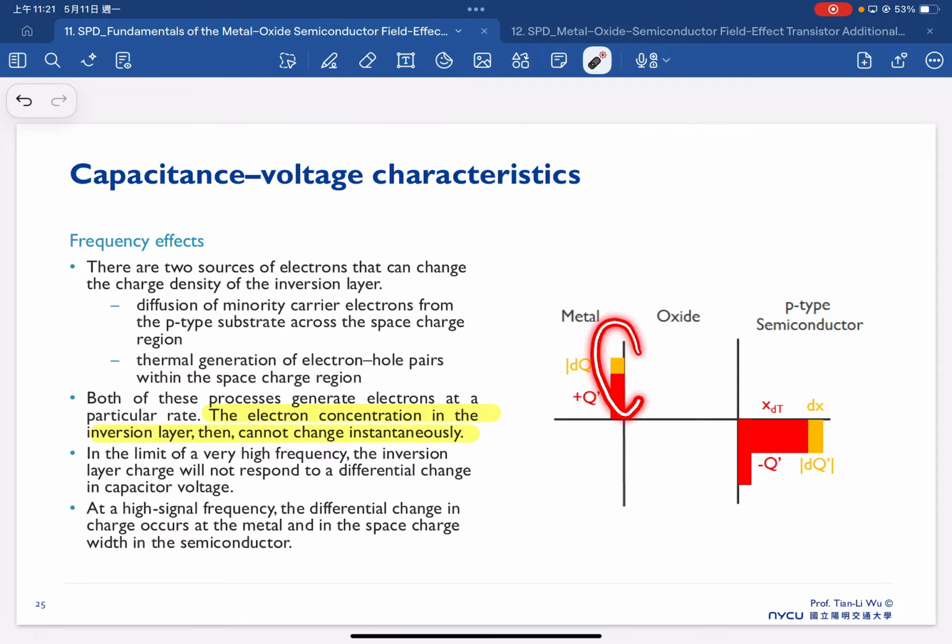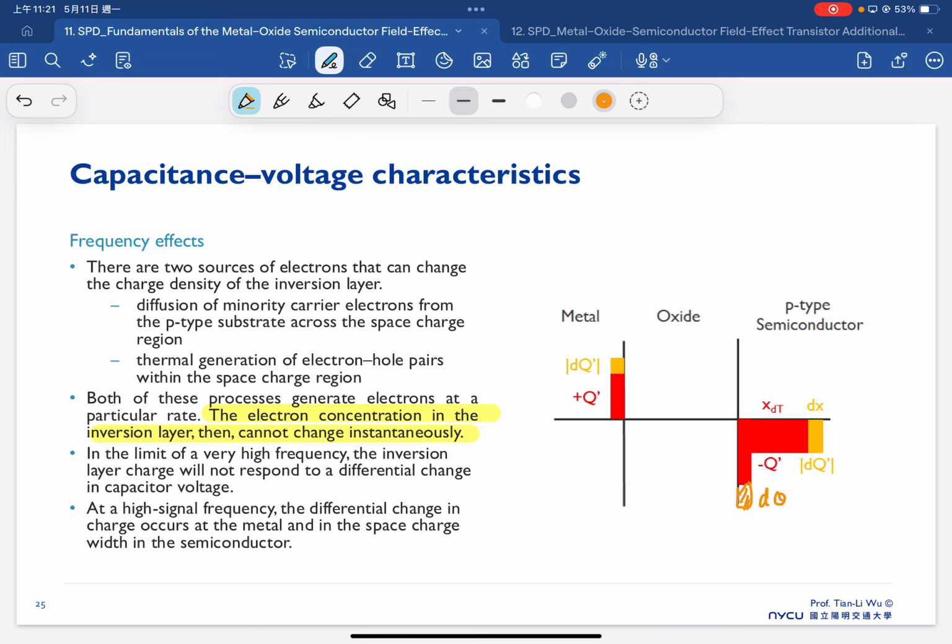Ideally we have this dQ increase, but under high frequency, this additional dQ cannot be reflected in this region because this charge cannot respond.